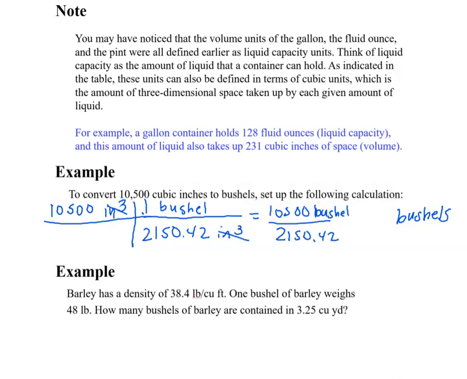So when we divide those, we're going to get approximately 4.88. And so we would round that to approximately 5 bushels.